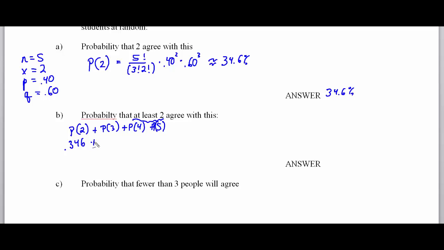Now what I'm going to do is do the problem 3 more times, or a total of 4 times, so I can get these answers, 23.0%, which gets rounded, and then the 0.077 or 7.7%, and the probability that all 5 people think that you don't need a business degree is only 1%, or 1.0%. And when I add all these up, I get an answer of 66.3%. But let's actually go through the calculator and show you how to do this problem the most efficiently.